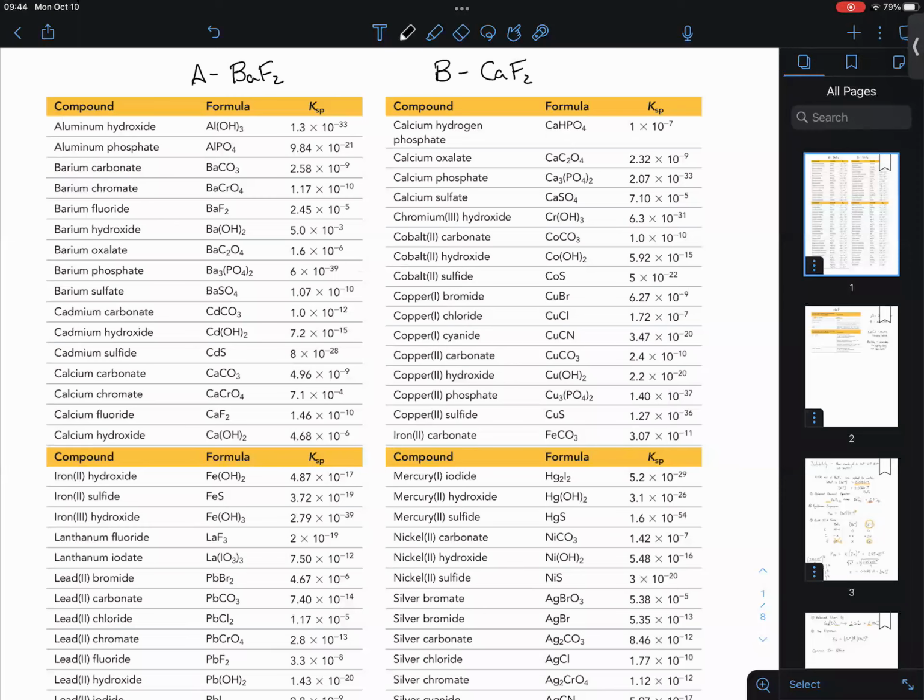So A is barium fluoride precipitates first, or B is calcium fluoride precipitates first. I'll give you another 15 seconds to put in your guess. Which one is it going to be? Calcium fluoride or barium fluoride? Which precipitates first?